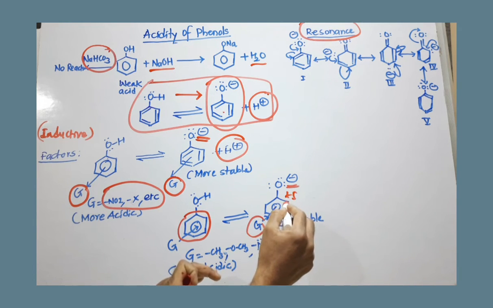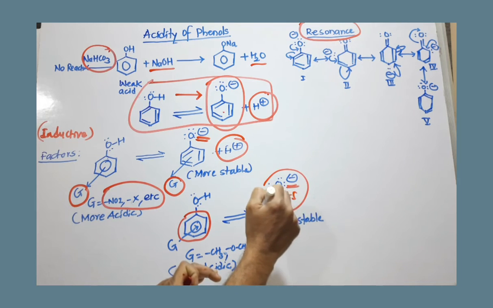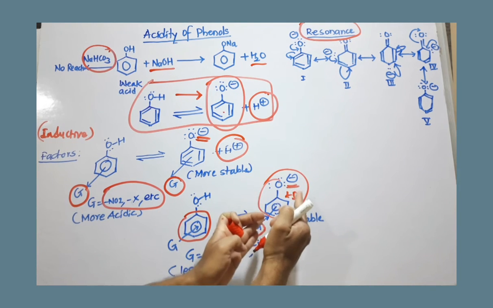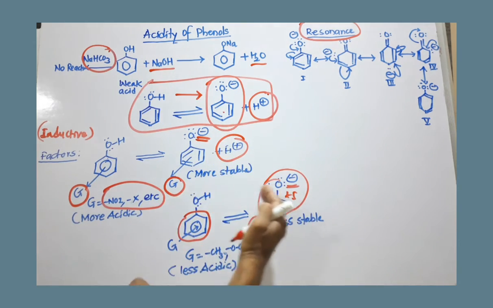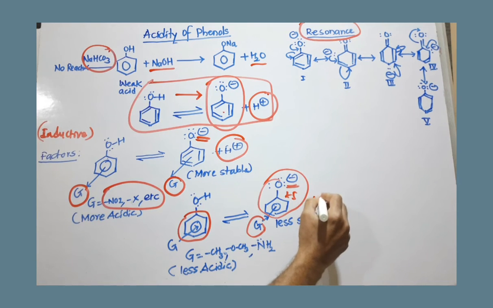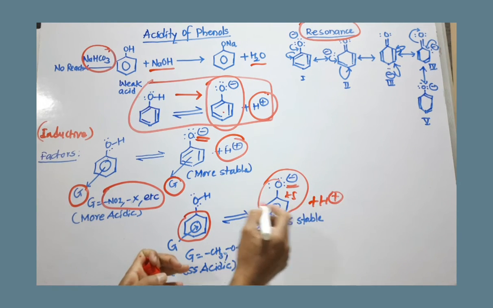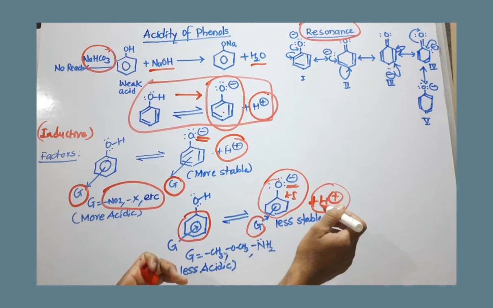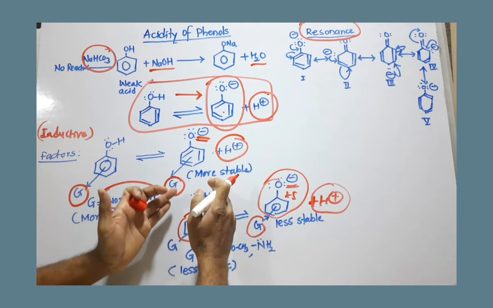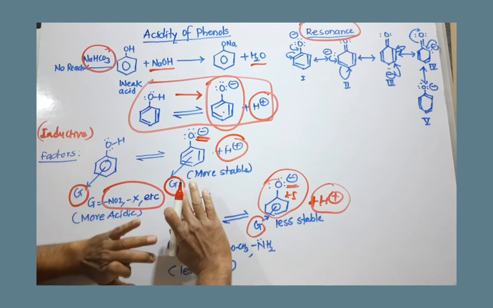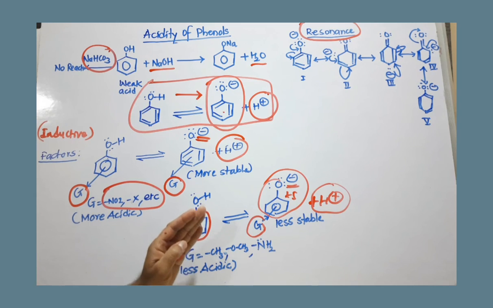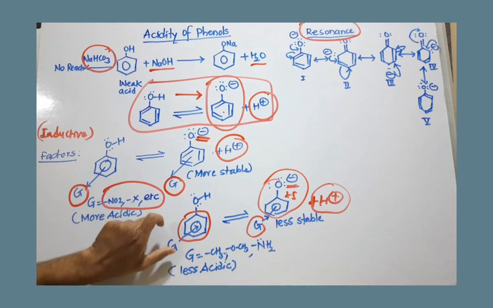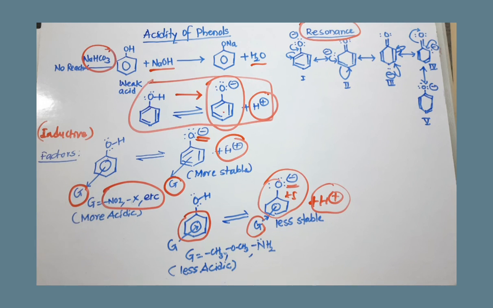So in this case, the plus I effect is destabilizing this phenoxide ion, and if it is destabilized, it is reluctant to go in this direction. It will not form easily to give H plus ion, and if a smaller quantity of H plus ion is produced, it is less acidic. So we can draw the conclusion: in the presence of an electron releasing group, the acidity of phenol decreases, and in the presence of an electron withdrawing group, the acidity of phenol increases.